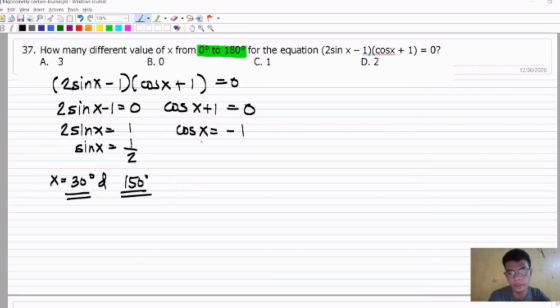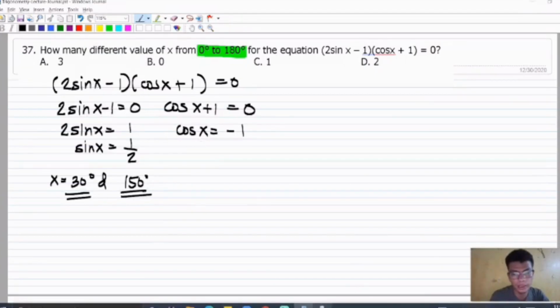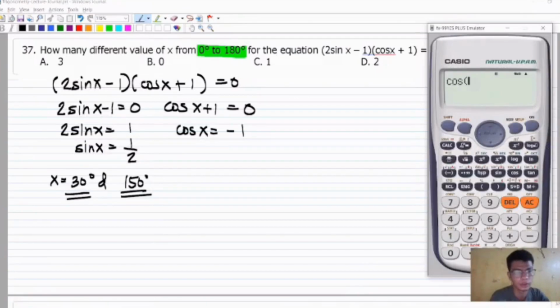And how about dito? Cosine x is equal to negative 1. Shift solve kapag 0. Hindi natin isasama yan, ha?